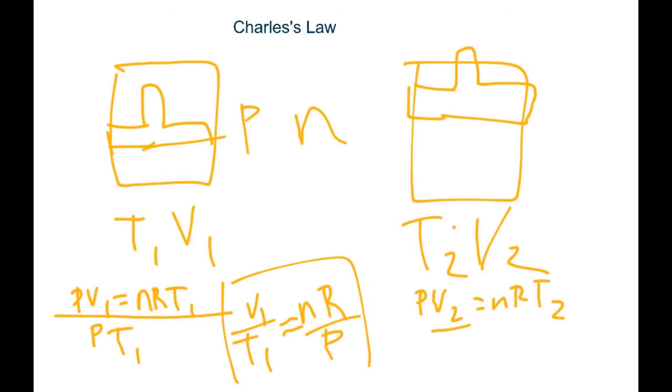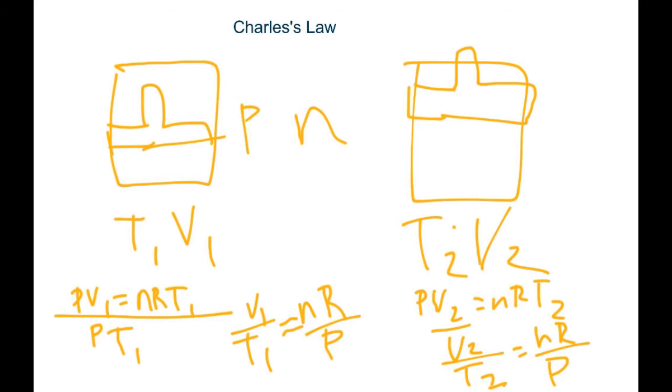So I get this formula, and I'll do that for the right-hand side as well. So we'll get V2 over T2 is equal to NR over P.